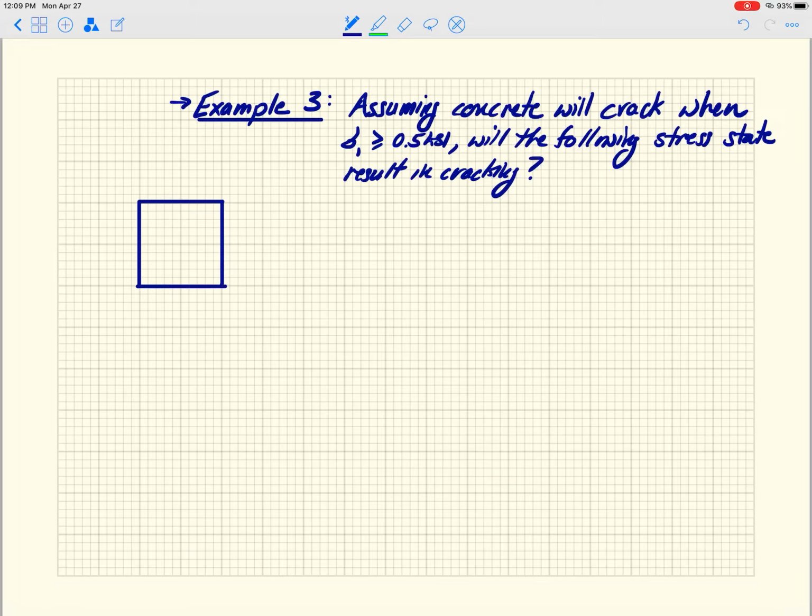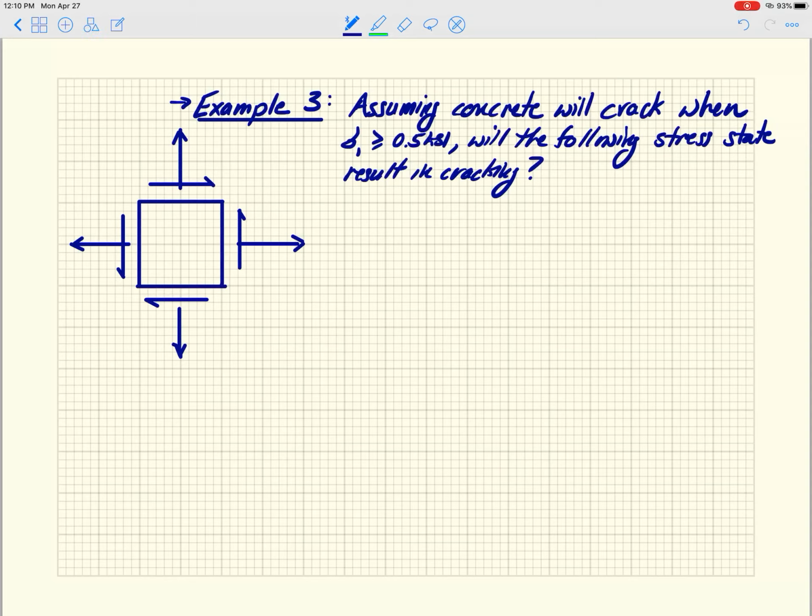So again, I'm going to draw everything in the positive direction, and then if it's negative, I'm just going to use a negative sign when I quantify the magnitude.